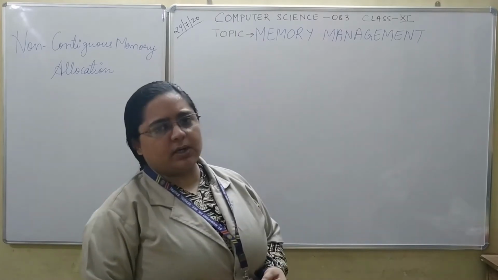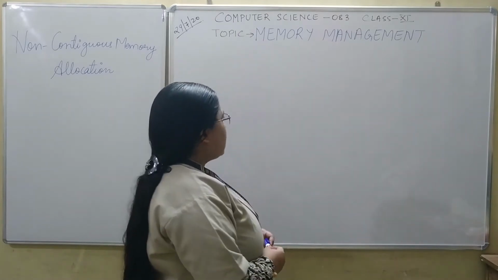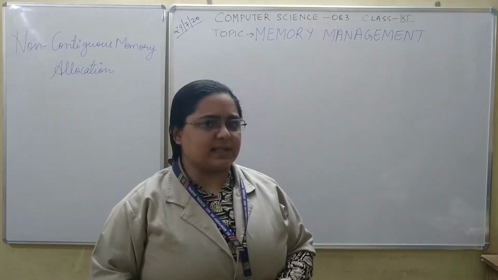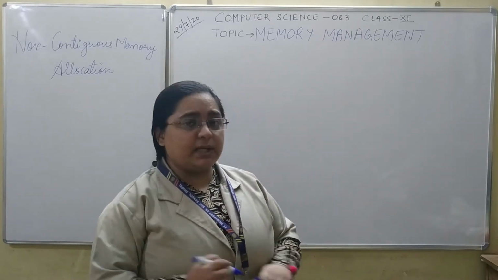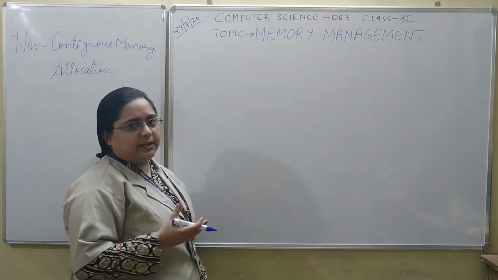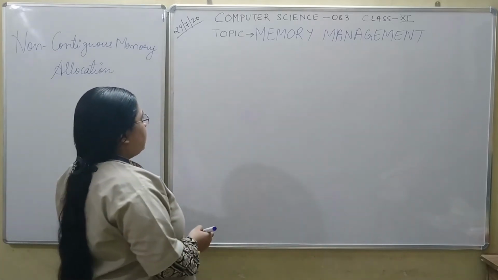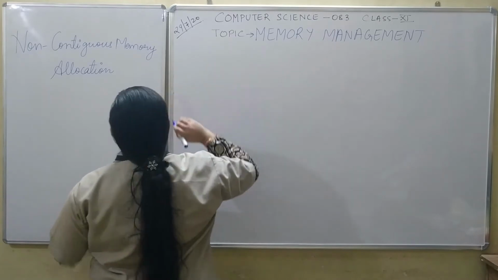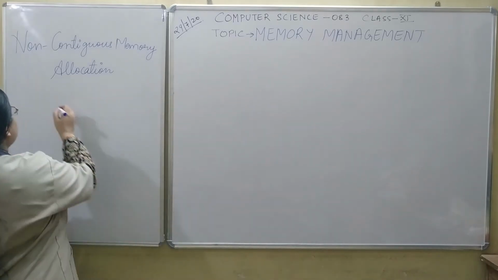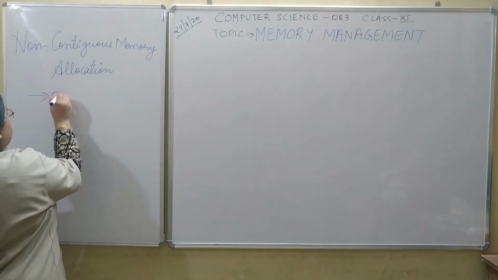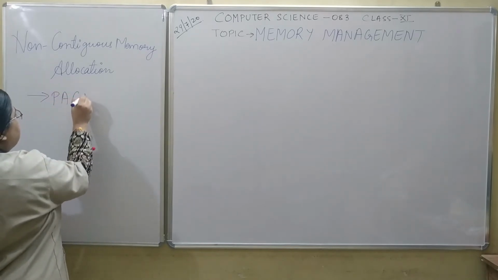What happens in non-contiguous memory allocation is your memory is divided into fixed size or variable sized blocks, and similarly your program is also divided into fixed size or variable sized blocks. Non-contiguous memory allocation has many variations. There are various techniques which are used.